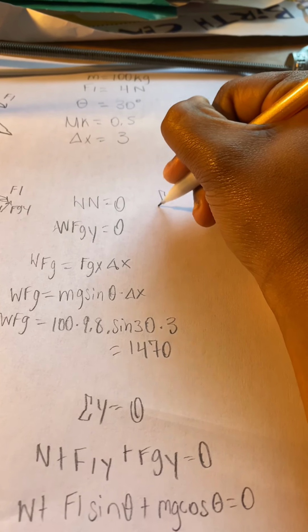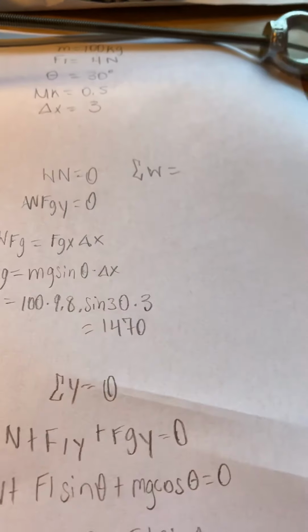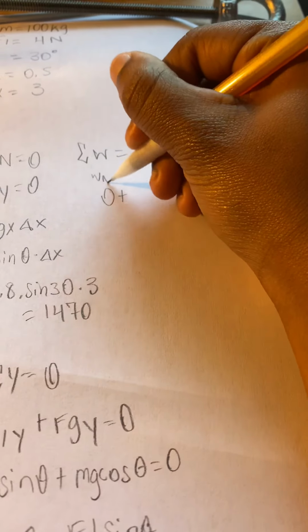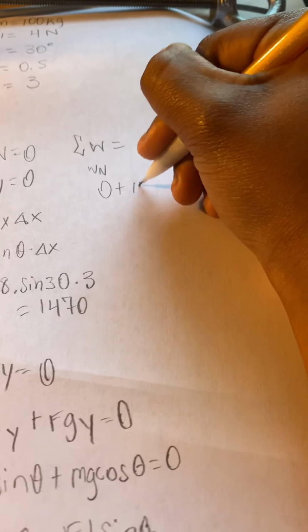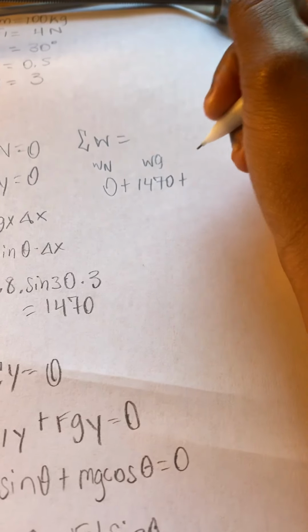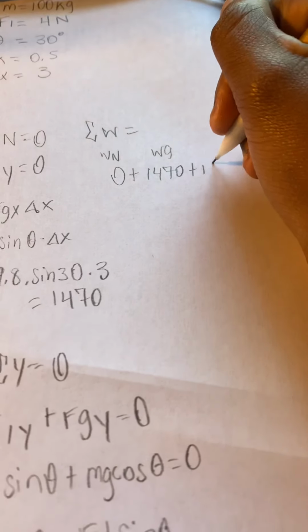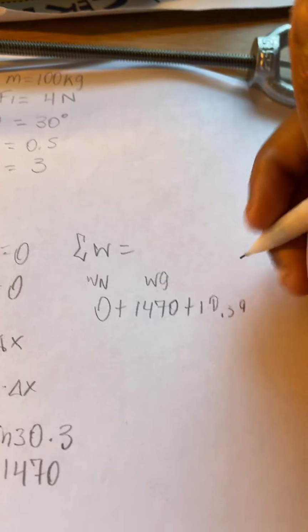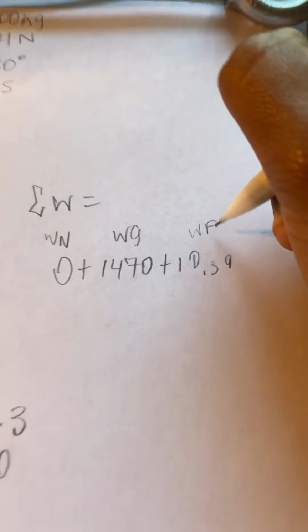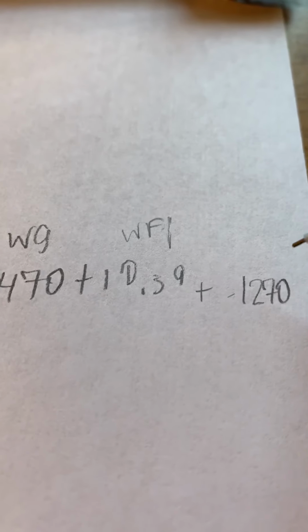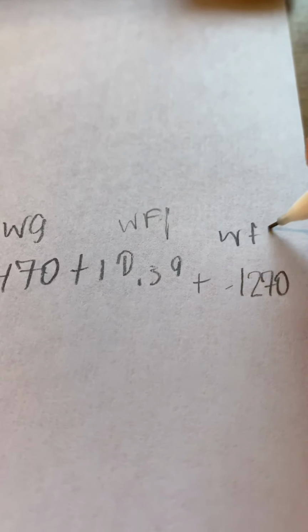So it'll be W equals 0 for your WN, this is your WN, 1470 for your WG, plus 10.39, and this is your WF1, plus negative 1270, and that is your kinetic friction.